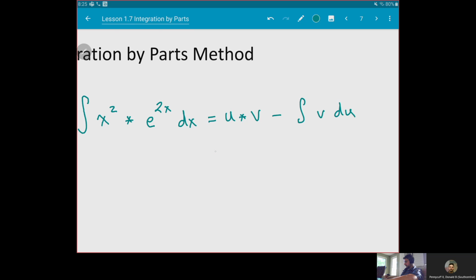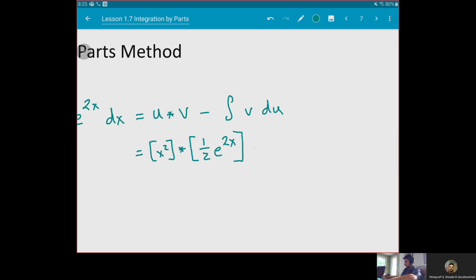So that is going to be x squared times 1/2 e to the 2x minus the integral of 1/2 e to the 2x times 2x dx.